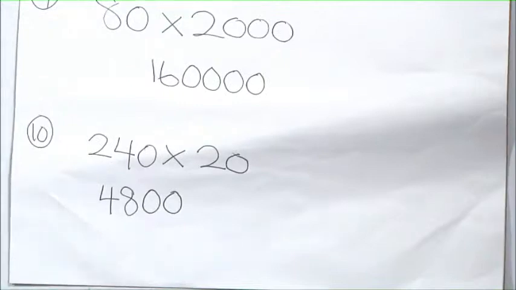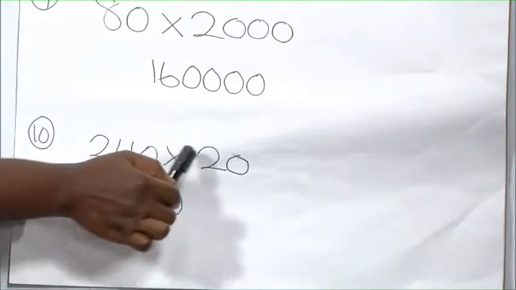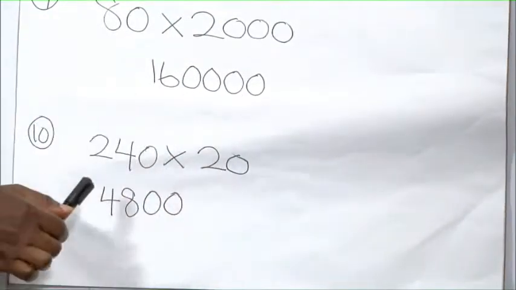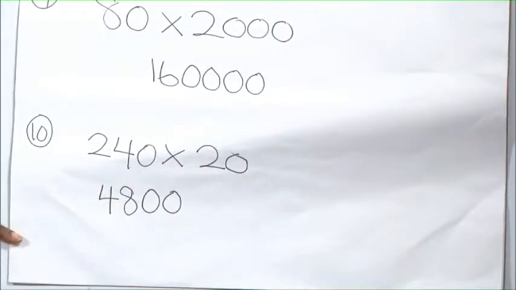So our result is 4,800. 240 times 20. And we had 4,800. We multiplied the 24 and then 2. After that, we added the 2 zeros here.